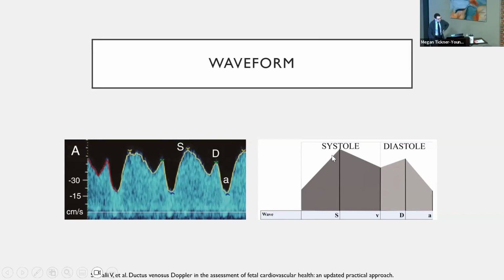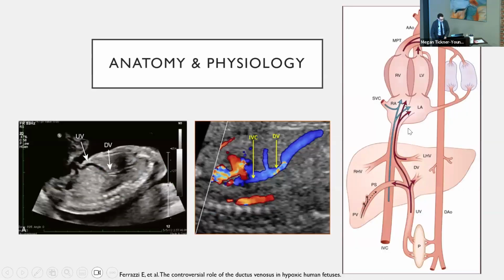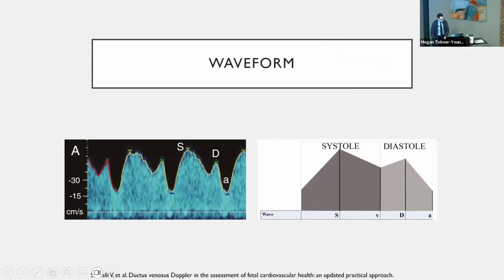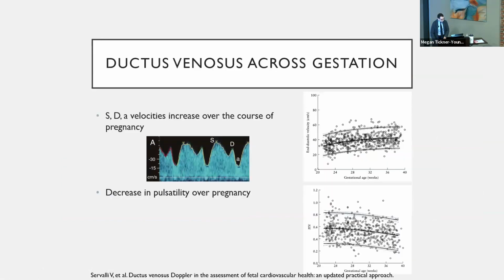Intra-atrial pressure is decreased and flow through the ductus venosus towards the right atrium increases. Then you have ventricular relaxation in late systole, and the AV rings ascend towards the resting position. Atrial pressure increases and ductus venosus flow decreases. Then in diastole, your AV valves open, ductus flow velocity increases, and finally you have the A wave, which is your atrial contraction. And then with that, increased pressure and decrease in flow through the ductus venosus.